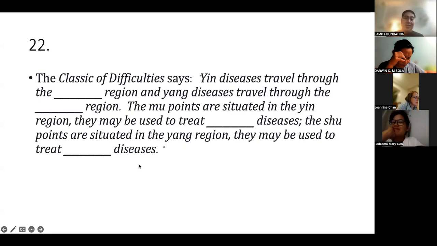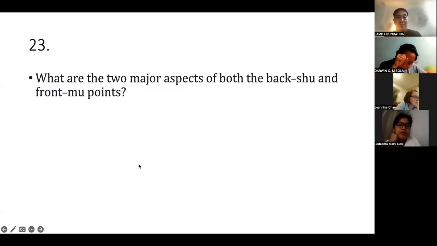Okay, very good. Wow. So I hope you learned from Sir Michael, Ma'am Janine. Yes, Doc. So now you have an answer, Sir Michael, for number 23. What's your answer here? What are the 2 major aspects of both? This is where the chi energy of the Zhang Fu gathers and concentrates on the anterior surface of the body.